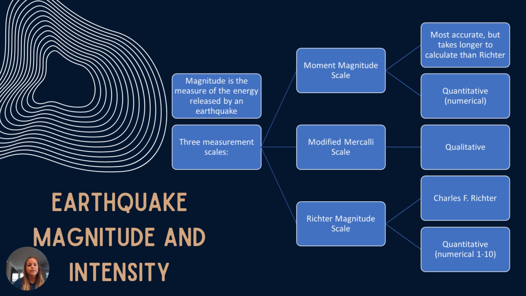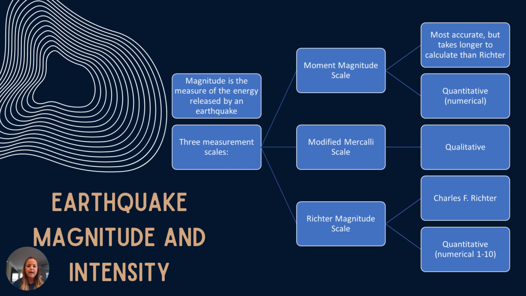There are 3 different scales that have been used: the moment magnitude scale, the modified Mercalli scale, and the Richter magnitude scale. The Richter magnitude scale is a lot more popular. It gives us that number from 1 to 10 that everybody is interested in. Was it an 8.0 earthquake? Was it a 5.5? And this was created by Charles Richter.